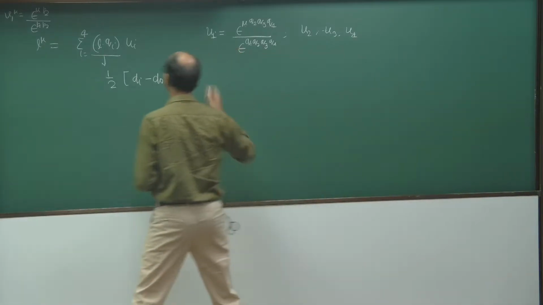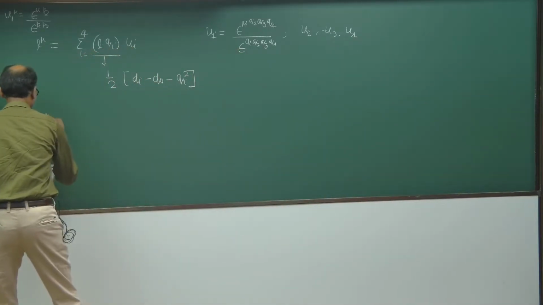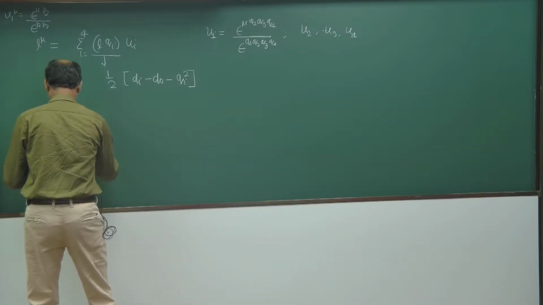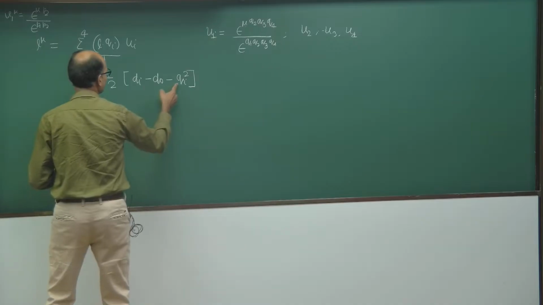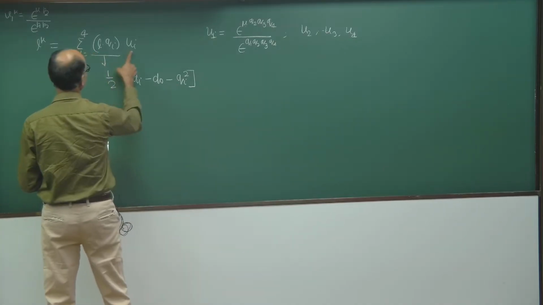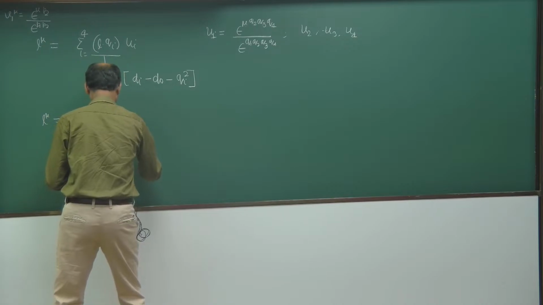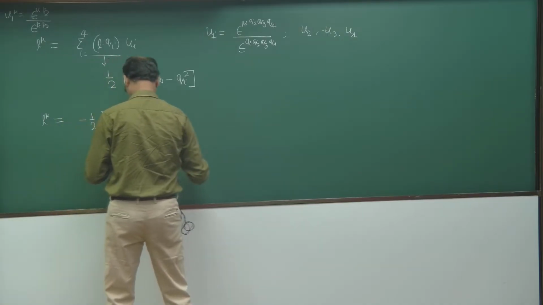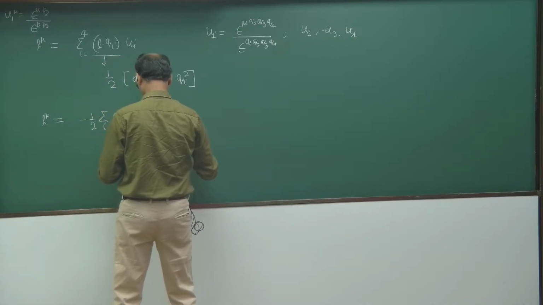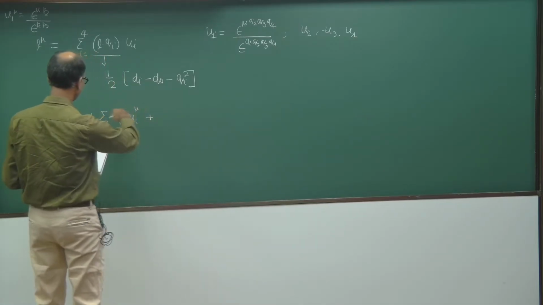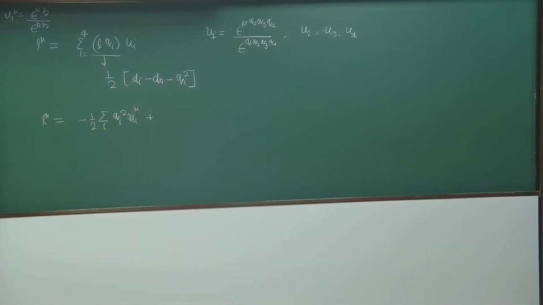Okay. So with that, my L^mu is minus half, first, this term, the sum over i of q_i squared times u_i^mu. Okay. So I think I would like to skip a step. Instead of doing this step, I will directly write that result, because you know what I have to do.